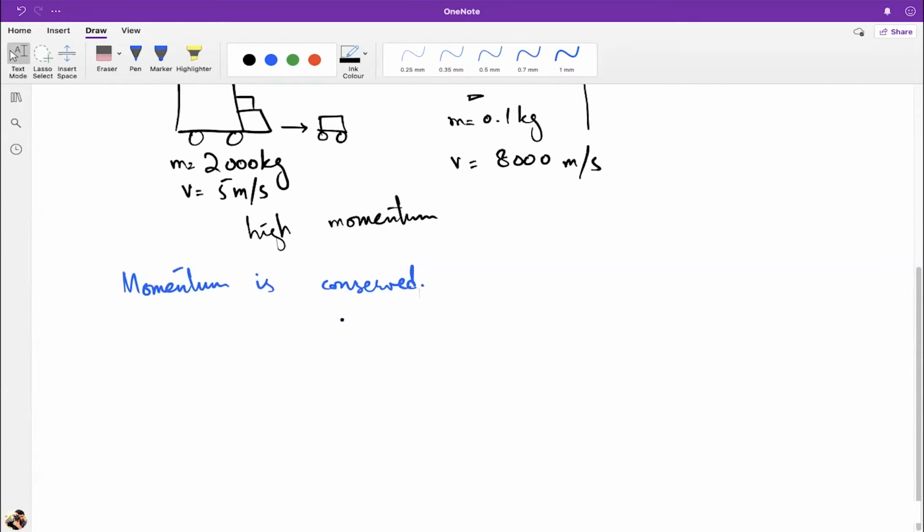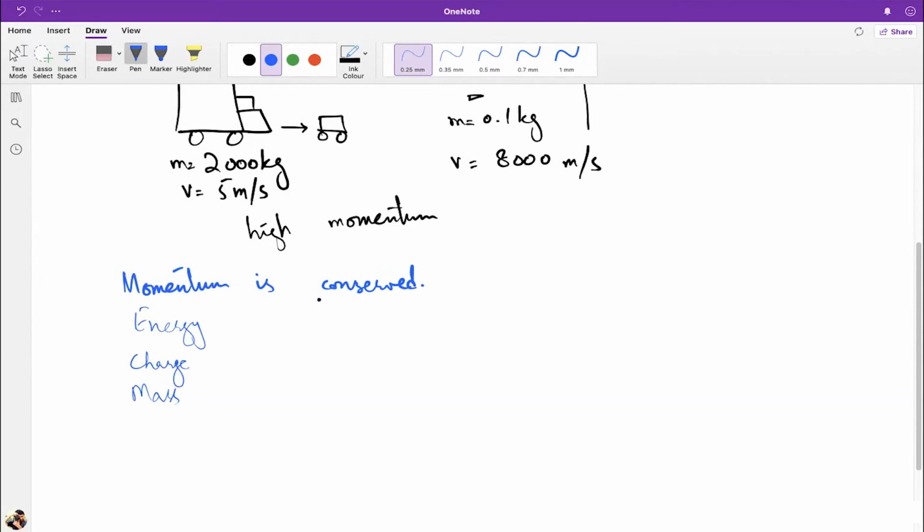There are many things that are conserved in nature. Energy is conserved, charge is conserved, mass is conserved. Like, in most cases mass is conserved; there are cases where mass is not conserved, but mostly mass is conserved. So these things are conserved.